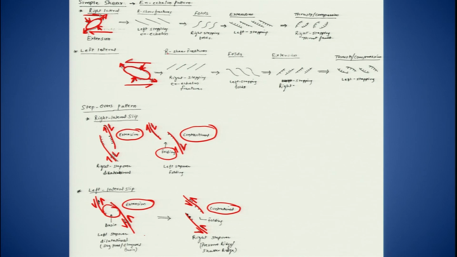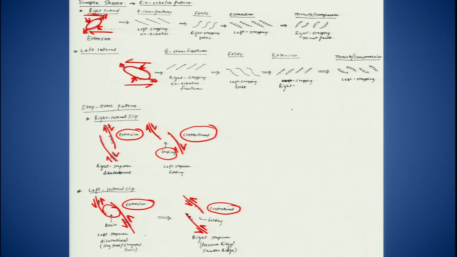You will have the right stepping en echelon fractures, whereas for the contraction you will have left stepping here, and similarly the related features, the folds or the thrust faults or the extensional normal faults. These are a few important aspects which you should remember when we are talking about the signatures of strike slip faulting.